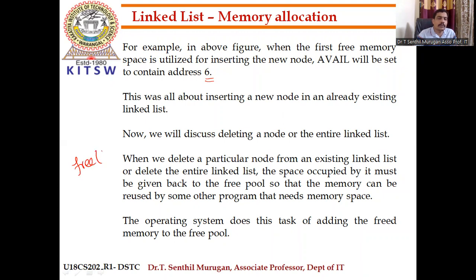We are not removing the avail pointer, but using this pointer, for example PTR, which was created for pointing to the particular node. That memory will be freed. Okay, then again it will be added into the free pool. Whenever we release the pointer, it will be added into the free pool.